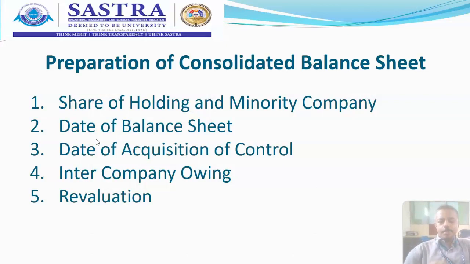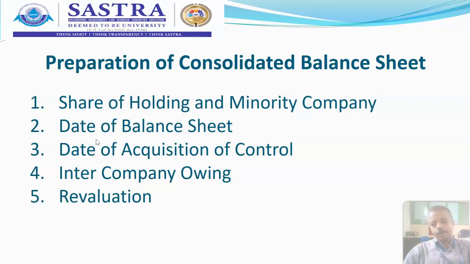There's a simple logic: you can't just add them on and keep your receivables huge and your payables huge. It becomes window dressing of the balance sheet. So intercompany owings need to be counted.